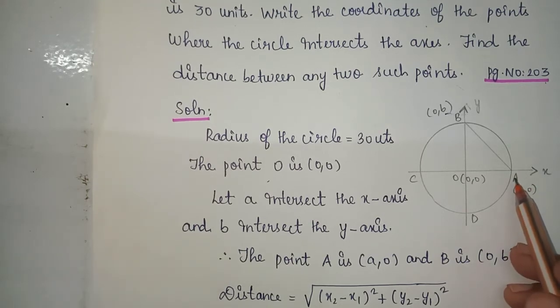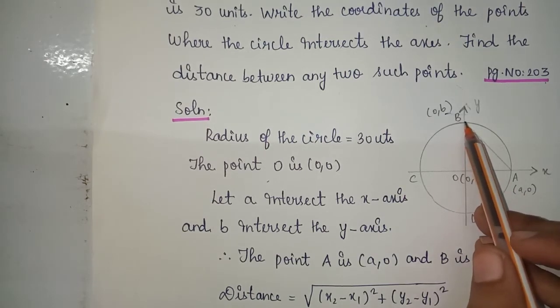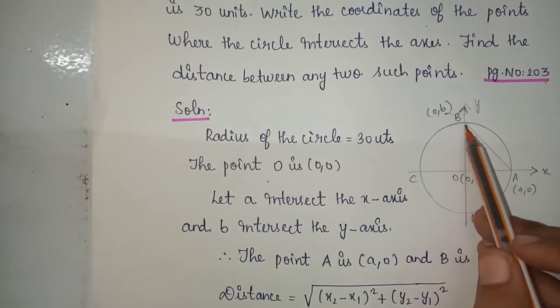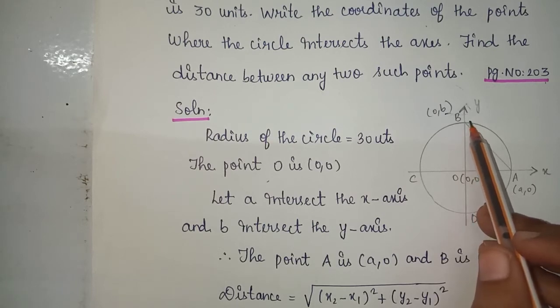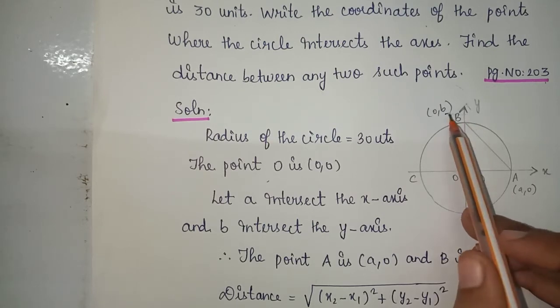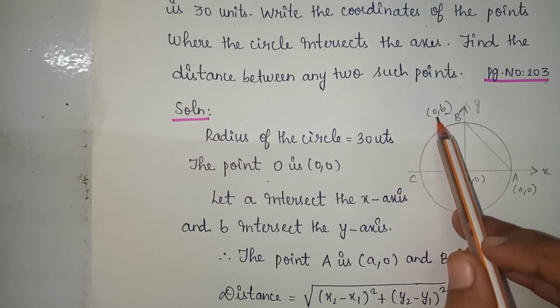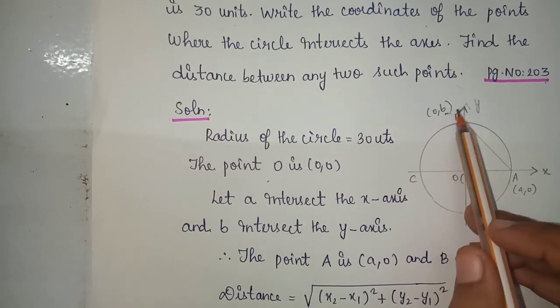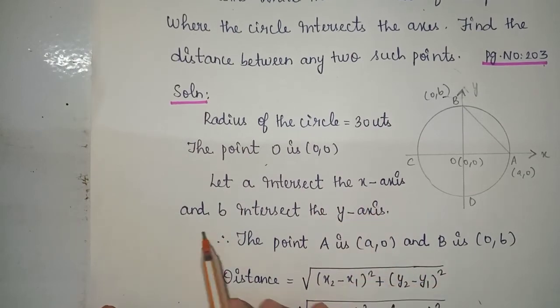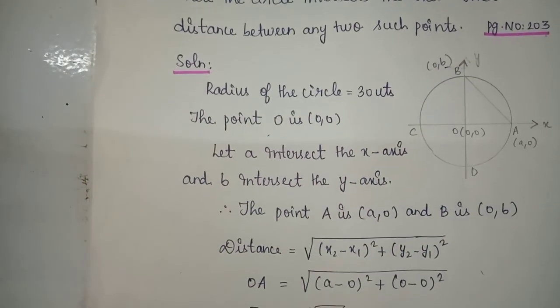So we are choosing a point A that lies on the x-axis, so y coordinate is 0 and x is a. Similarly, we take the point B on the y-axis, so x coordinate is 0 and y coordinate is b. So let A intersect the x-axis and B intersect the y-axis. Therefore, the point A is (a, 0) and B is (0, b).